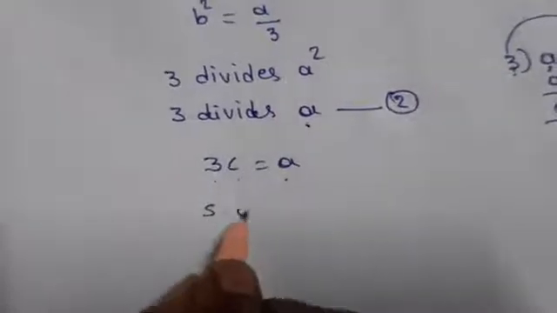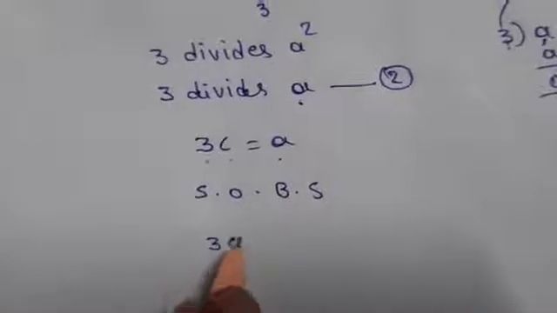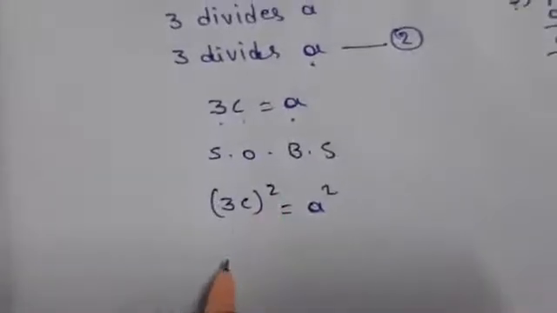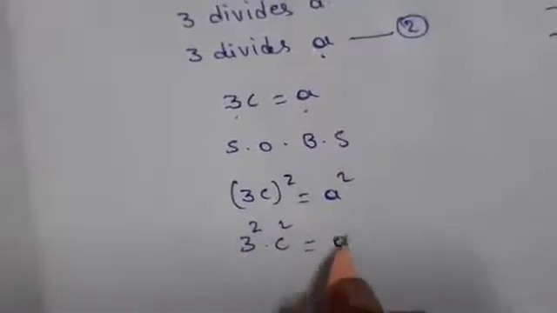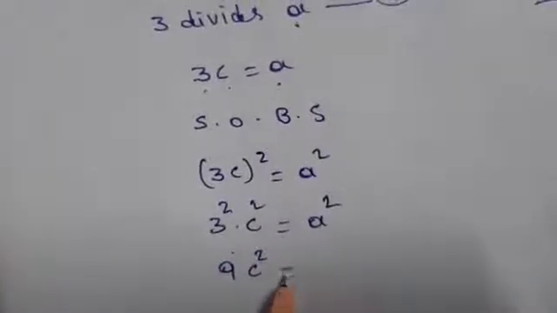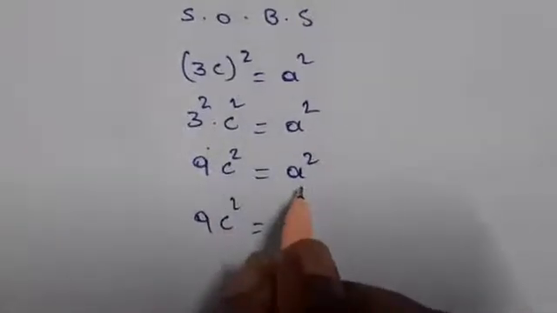Again squaring on both sides. So that is 3c whole square is equal to a square. So expand this, 3 square into c square is equal to a square, that is 9c square is equal to a square.